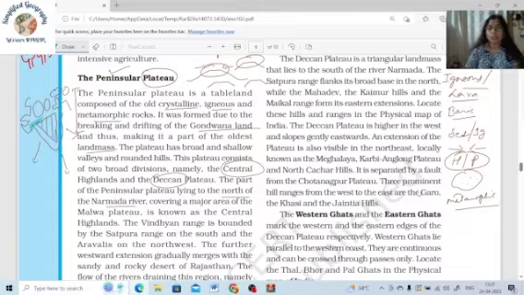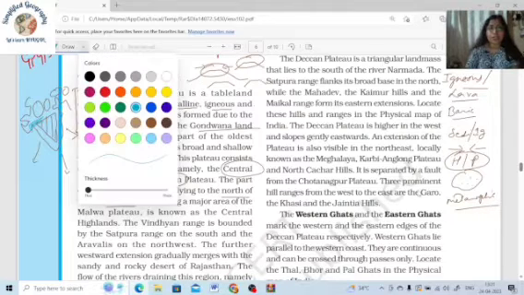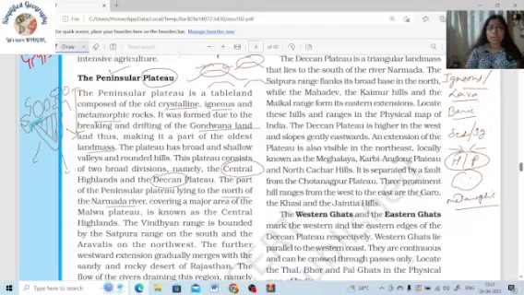These two rivers are actually separating northern India and southern India. Moving on, covering a major area is the Malwa Plateau. Central Highlands is known as Malwa Plateau. Then the Vindhya range, Vindhya, Satpura, Mahakal, all these ranges we'll study.